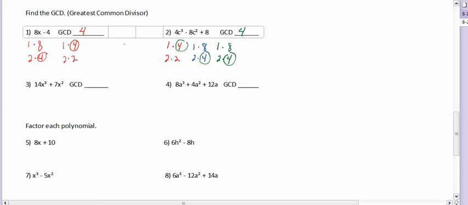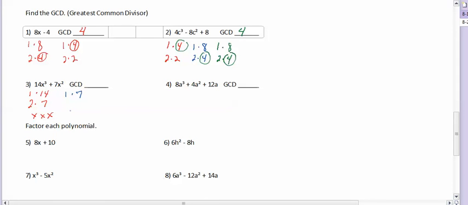Okay, looking at number 3, it has a 14, so it's 1 times 14, 2 times 7. There's nothing else that multiplies to give me 14. And then I look at 7, I just have a 1 times a 7. But now let's look at the x's. This one has 3 x's.